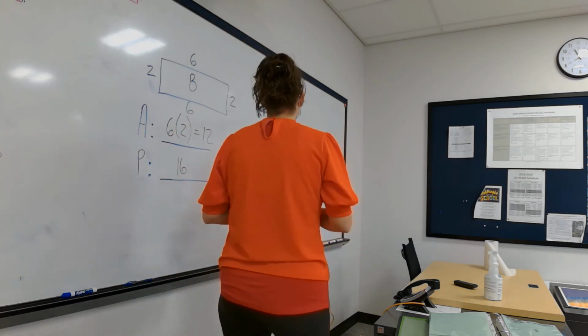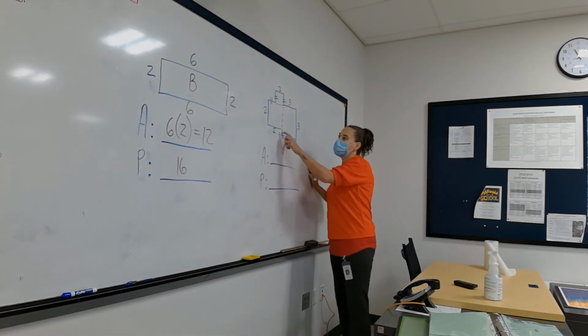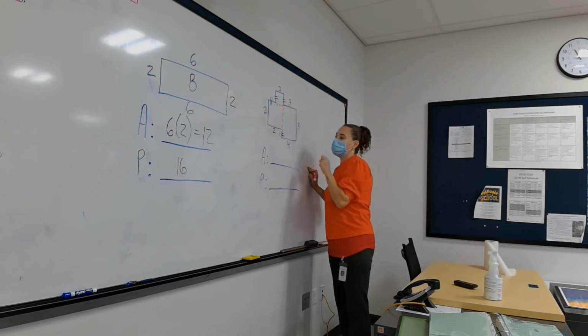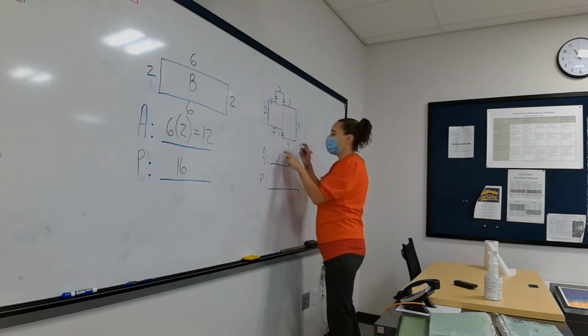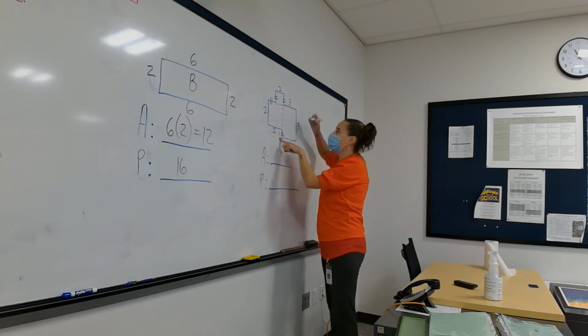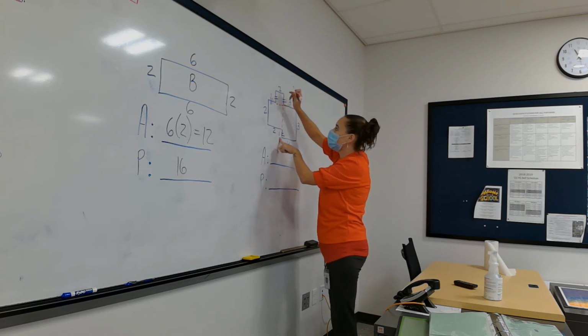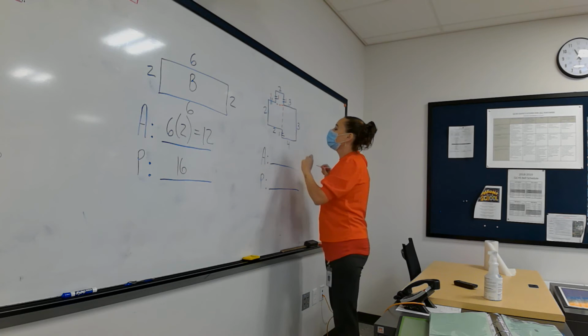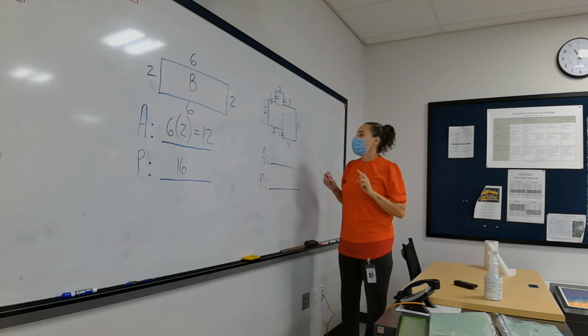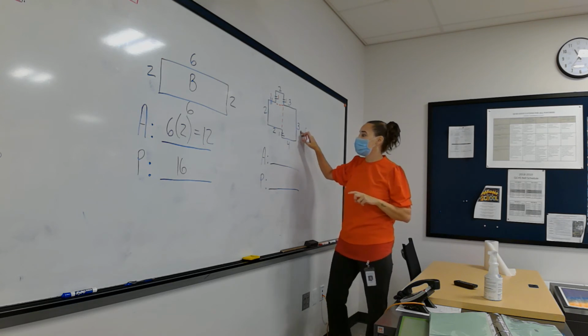So let's take a look. So remember, these lines let you know it's symmetrical. Okay, so I have a double dashed line here, and I tell you the unit is 1. So I know this is 1, this is 1, and this is 1. Okay? I'll put it on the inside so that doesn't confuse you. Okay, so for the area of this figure, I do 4 times 3, base times height.